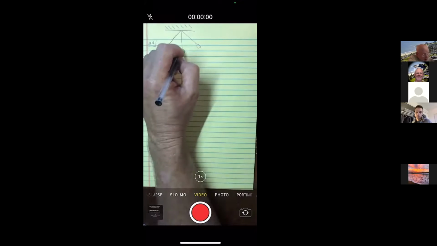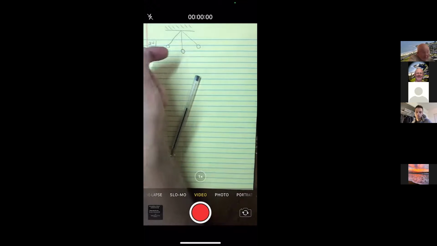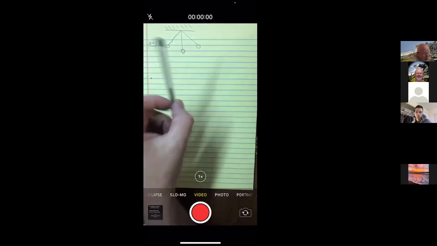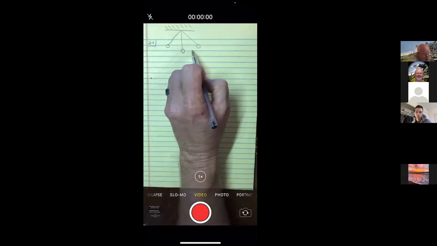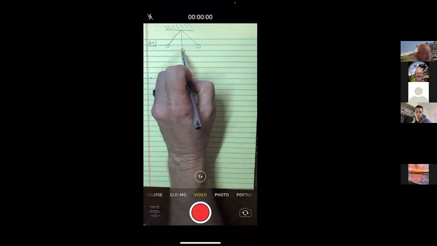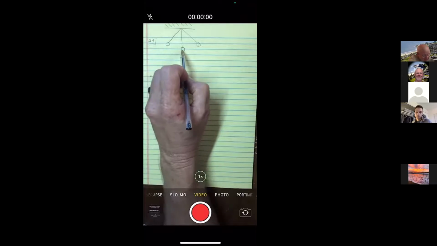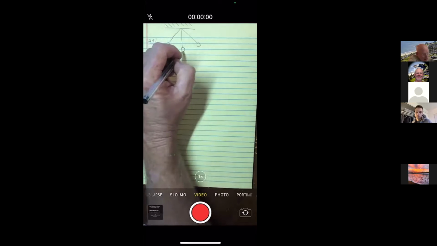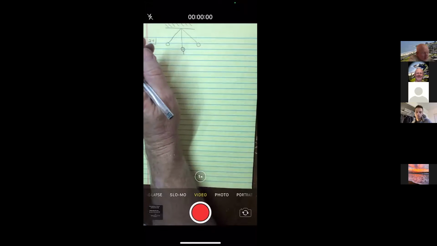If we started it right at the bottom, which we could do by coming along and tapping it, a full cycle means it goes to the right, back to equilibrium. That's not a cycle yet. Goes over to the left and comes back. So a full cycle goes through this equilibrium twice.